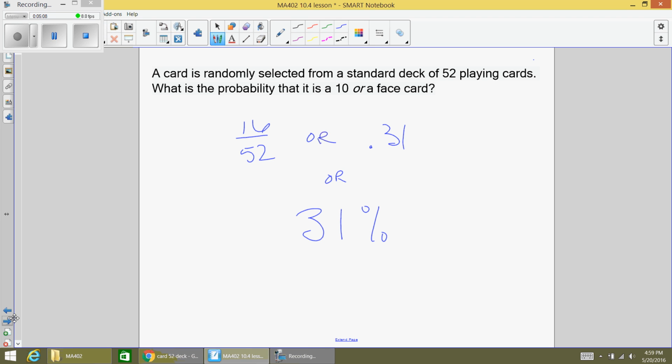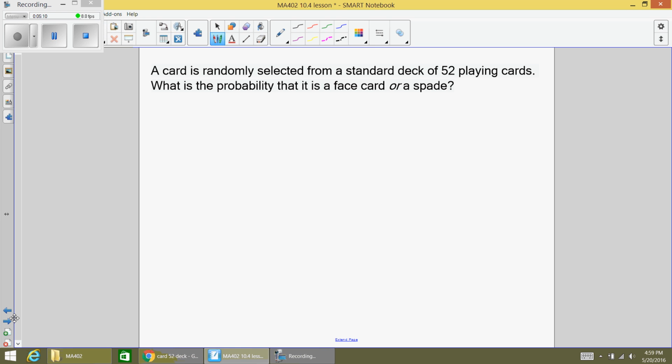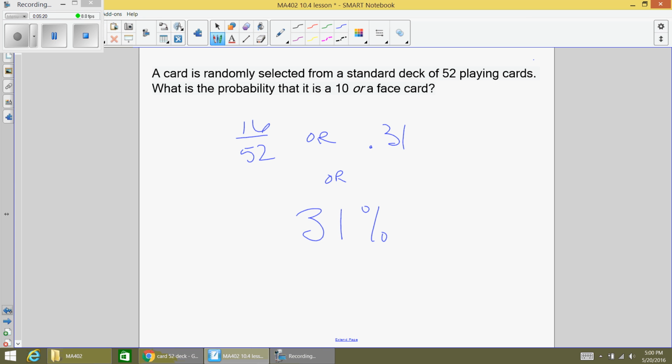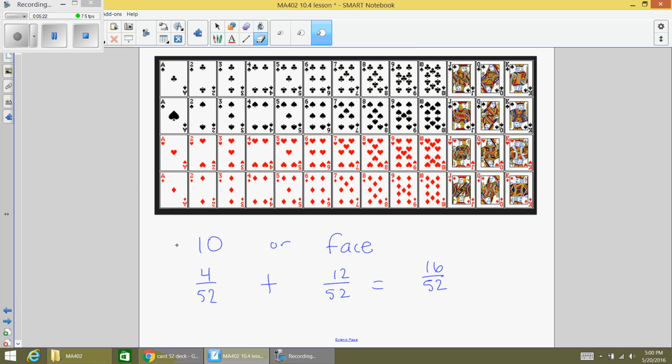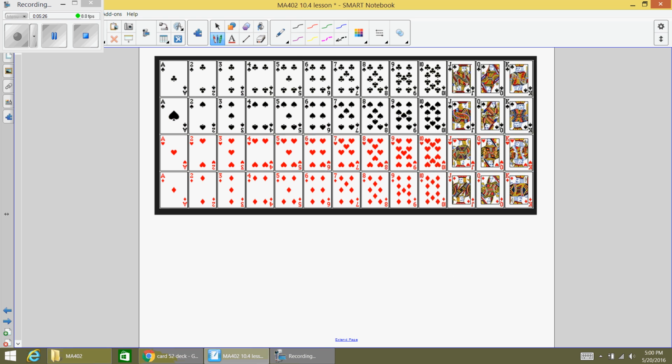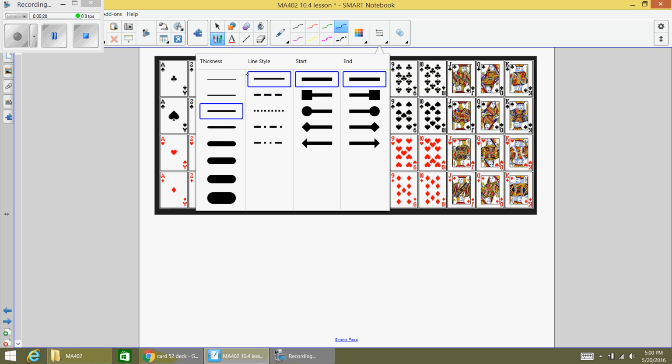Okay, let's try some more. A card is randomly selected from a deck of 52 playing cards. What is the probability it is a face card or a spade? Okay, I need to look here and get my face cards, which we just had, or a spade.